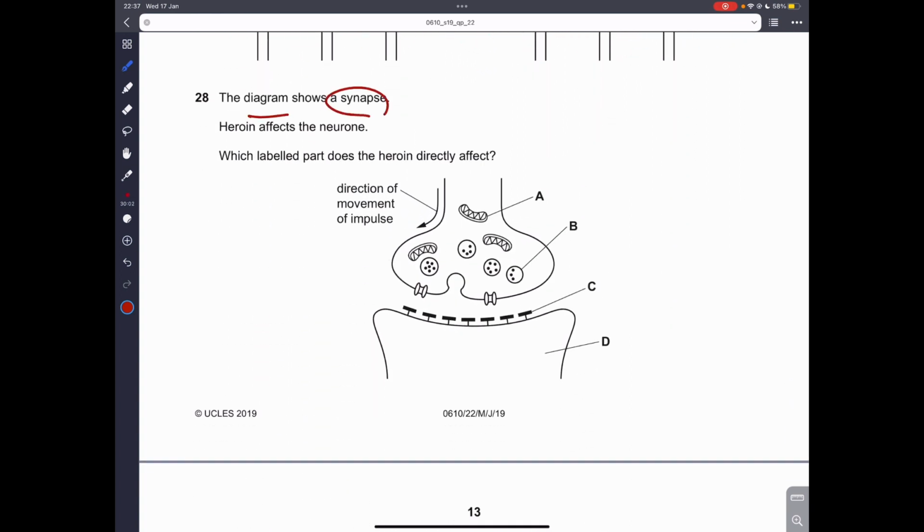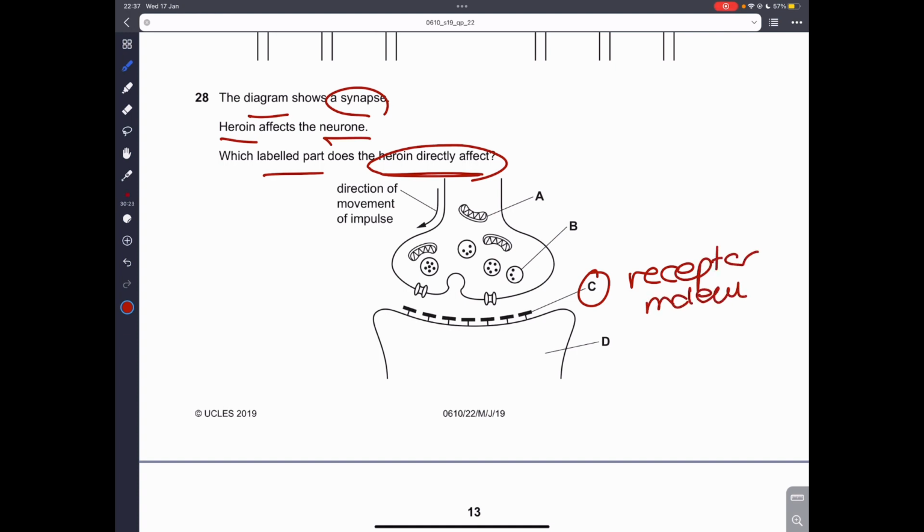Question 28. The diagram shows a synapse. Heroin affects the neuron. Which labelled part does the heroin directly affect? Heroin actually affects the receptor molecule.